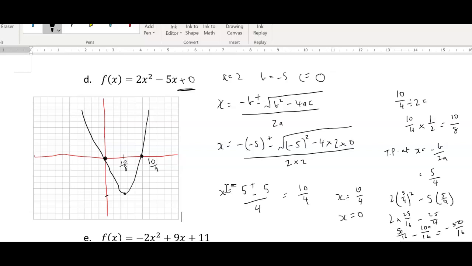All right, ideally I should have them simplified, so I might actually do that. So this one down here, negative 25 on 8. And the 10 over 8, I'm going to change that to be 5 over 4. And then the 10 over 4, I'm going to change that to be 10 over 2. No, sorry, 5 over 2.